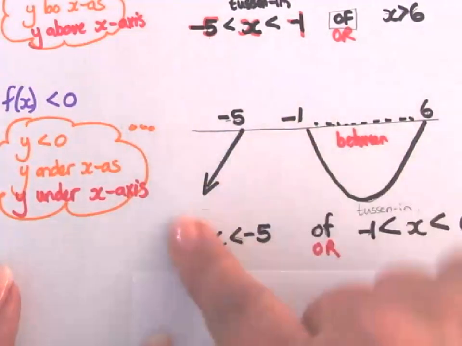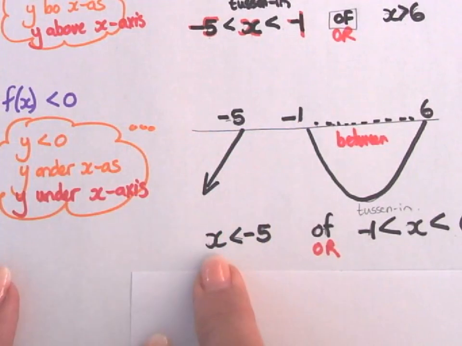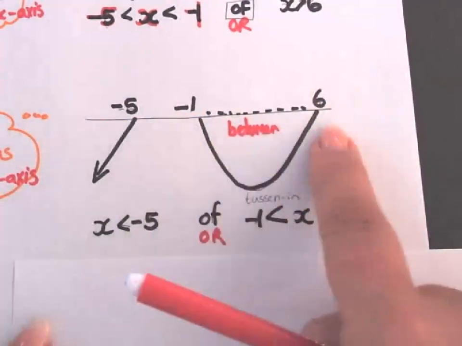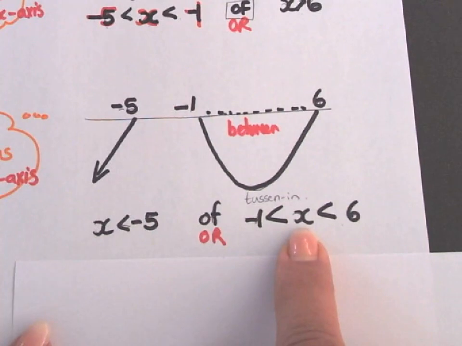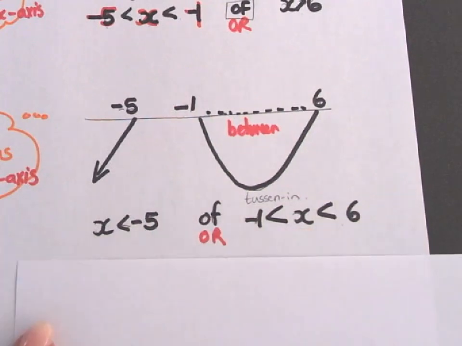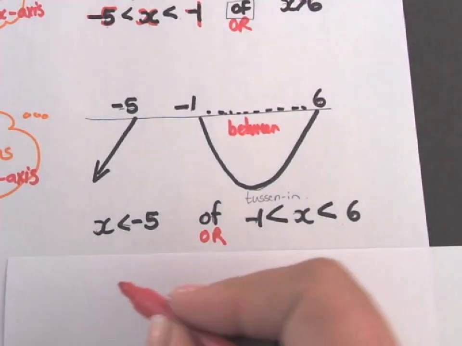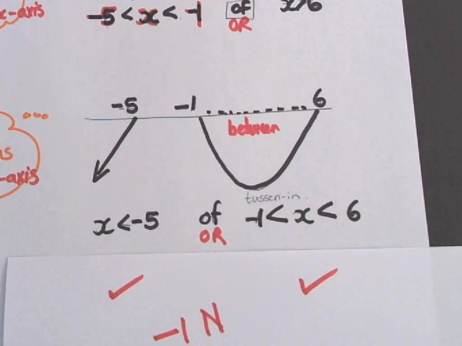This graph goes to the lower side of the negative x's, so x is smaller than negative 5. This graph is between negative 1 and 6. Therefore, the x is in the middle. If you don't put "or" in your answer, I'll mark your answers, but you will see something like this: -1 for notation.